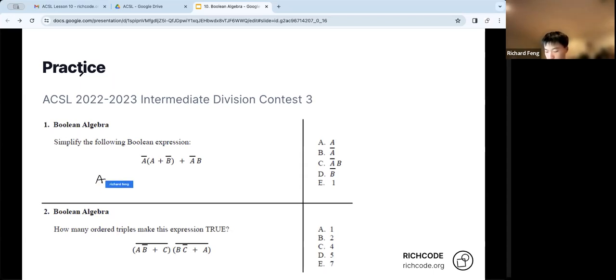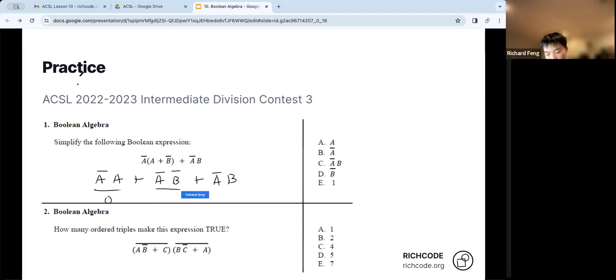So we have not A and A, plus not A and not B, plus not A and B. So the first term, not A and A, is always going to evaluate to 0 because we are doing A and its complement. So this is always 0.